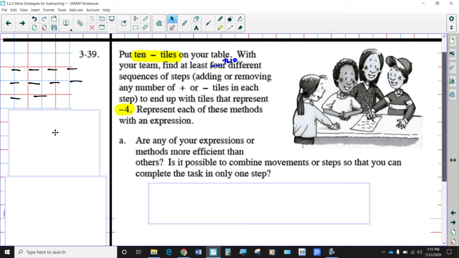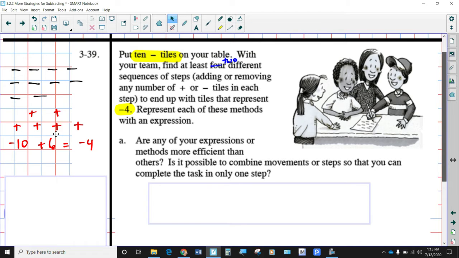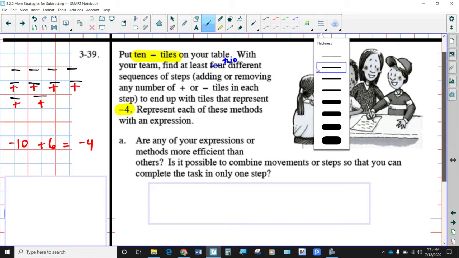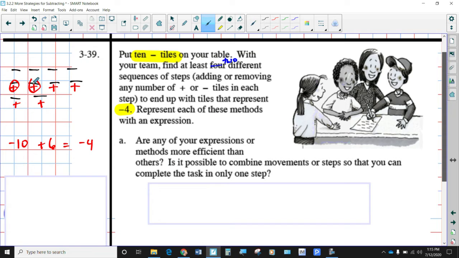Well, I was thinking if we were to add 6 positives, then -10 plus 6 will be equal to -4, right? Because all of these form our 0 pairs. There's 1, 2, 3, 4, 5, 6 0 pairs, leaving us with just -4. So that's one way of doing it.